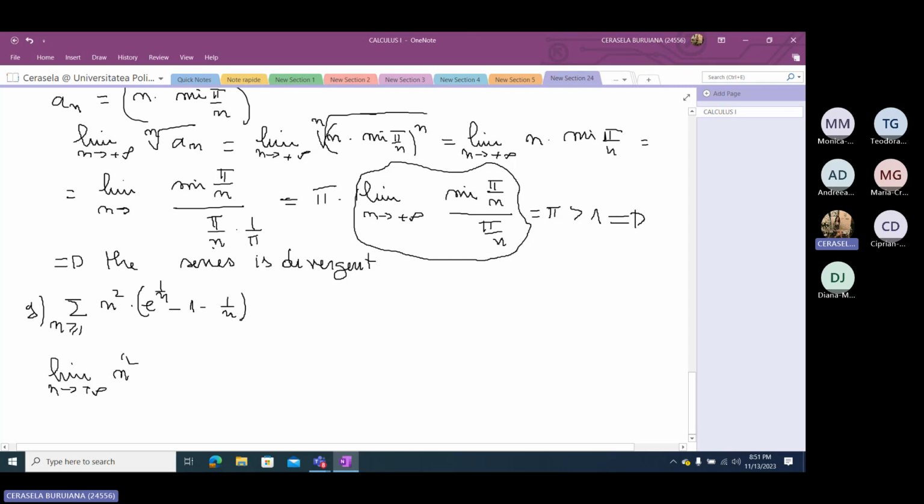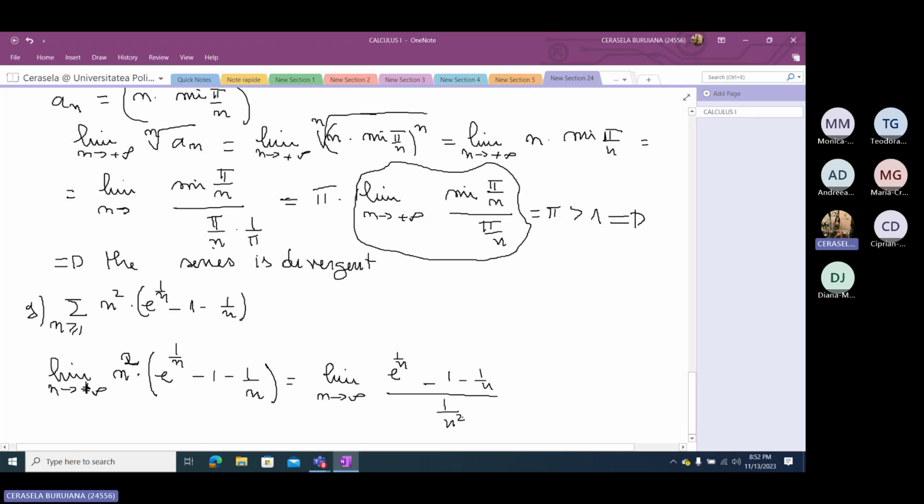So I will try to compute the limit when n goes to infinity from n squared times e power 1 over n minus 1 minus 1 over n. Well, here, that n squared, an idea is to take it and put it at the denominator as 1 over n squared.